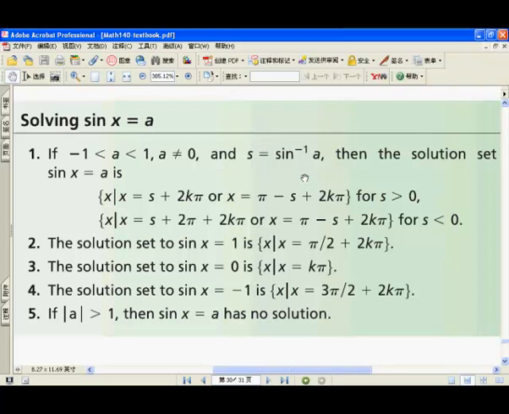Then if this s is positive, then you have the one special solution s and another special solution pi minus s, and then use these two special solutions and add a multiple of 2 pi to them to form the general solution. So this is the case when s is positive. And let me draw the unit circle to illustrate this.